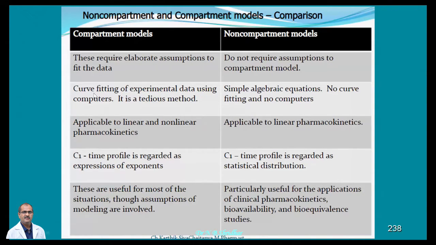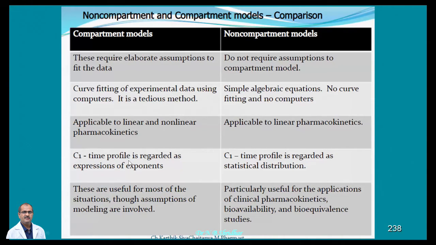Curve fitting to the experimental data using computers is a tedious method, whereas this is a very simple method, especially the non-compartmental model, with no curve fitting or computers. And the application to linear and non-linear pharmacokinetics is there, and application to only linear means a straight line. Linear means straight line.